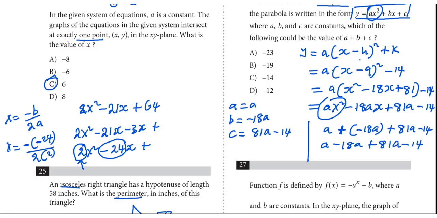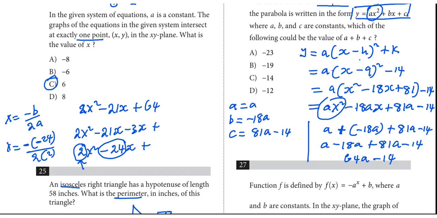All right, so if we now combine like terms, a minus 18a will give us negative 17a. Negative 17a plus 81a would give us 64a minus 14.